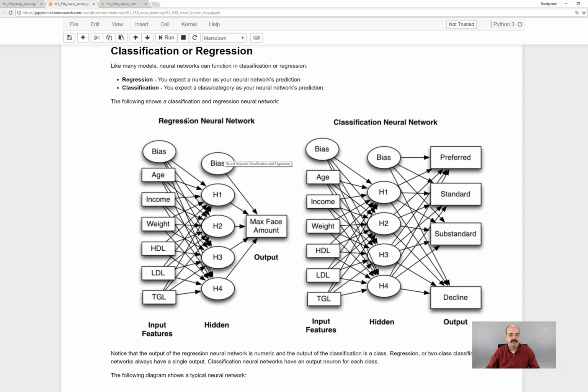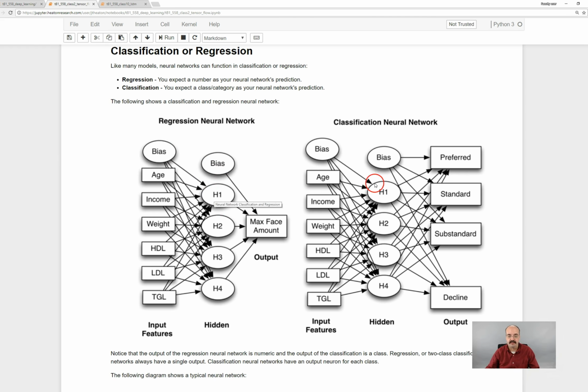We have, in each of these cases, 6 inputs: the insured's age, income, weight, and some medical statistics about them as well. This is feeding into a single layer neural network. So you've got hidden 1, 2, 3, and hidden 4. And you have a bias on each of the layers, just like I showed you previously.